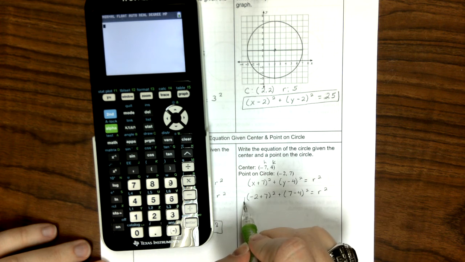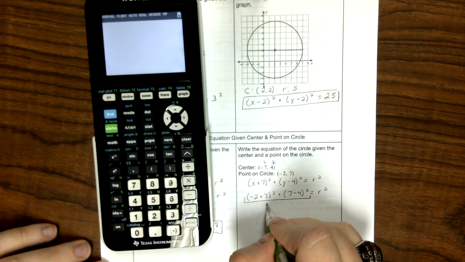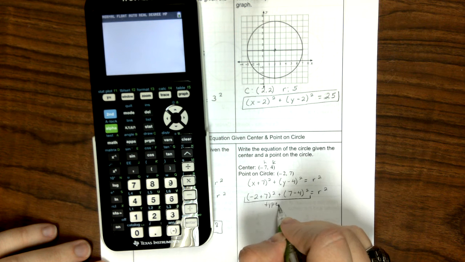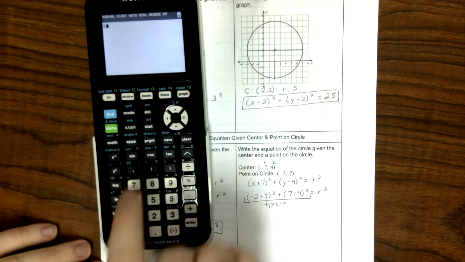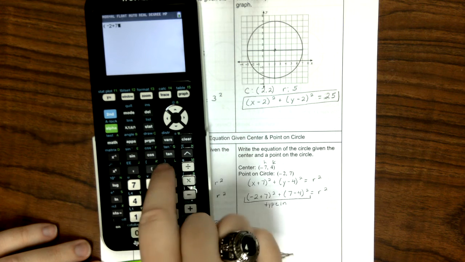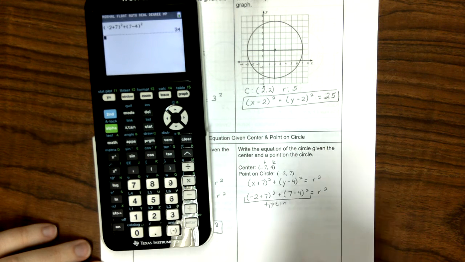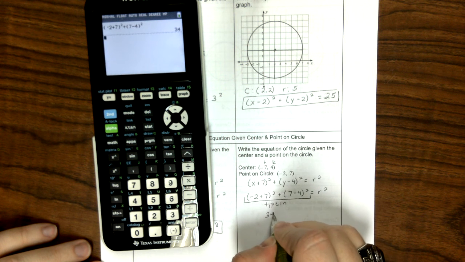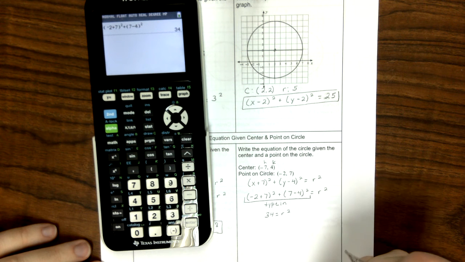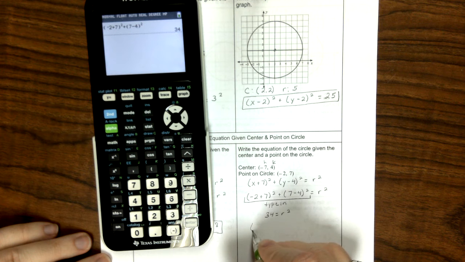And then again, all of this we type in. Negative 2 plus 7 squared plus 7 minus 4 squared. That ends up being 34. And then we recopy the very first thing we wrote.